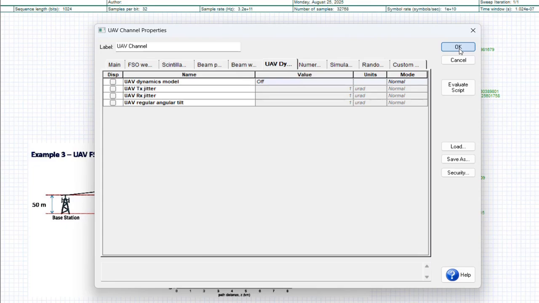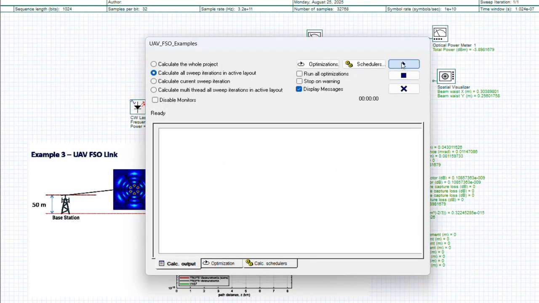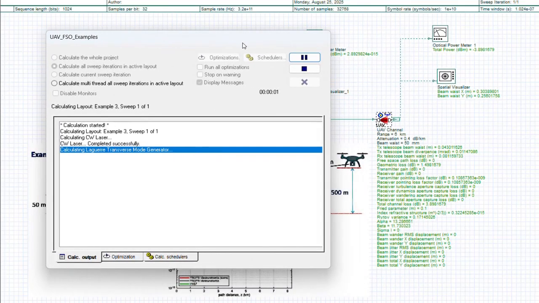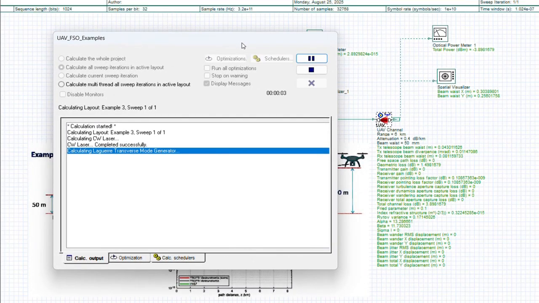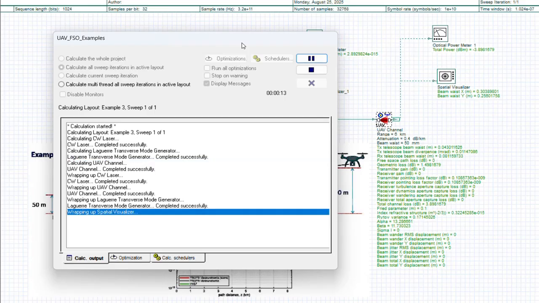Now, if you run the simulation without any of those effects included, I will just run it. You'll see that what we'll have is the mode expanding, as we know that the mode will expand as it propagates over the range of 6 kilometers, and the beam waist will increase accordingly. This is expected.